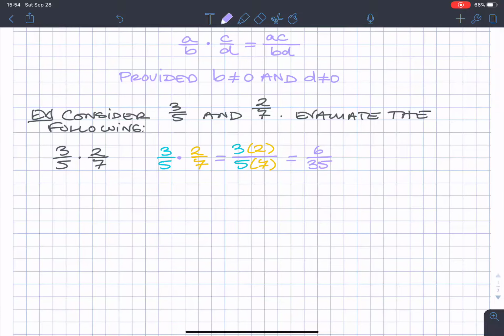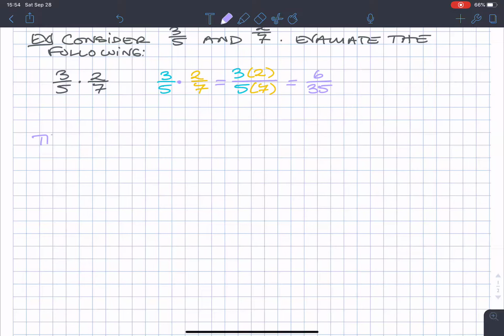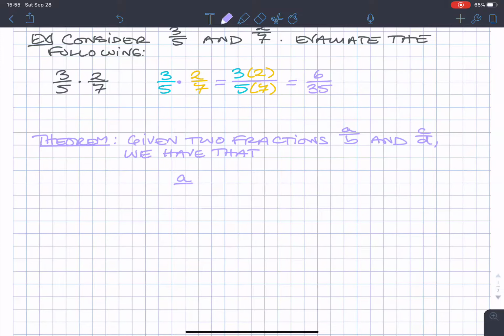But what about division? So theorem. Given two fractions, a over b and c over d, we have that a over b divided by c over d is going to be a over b times d over c.